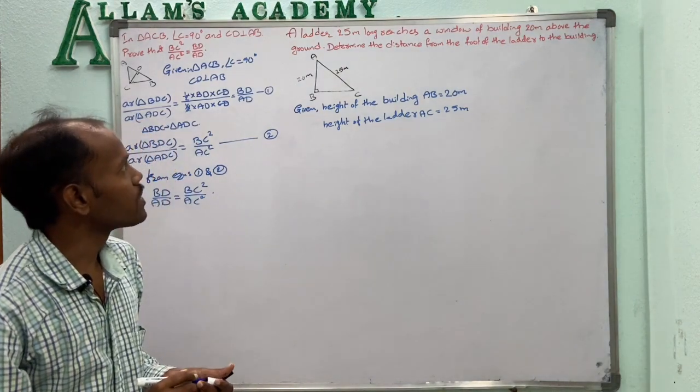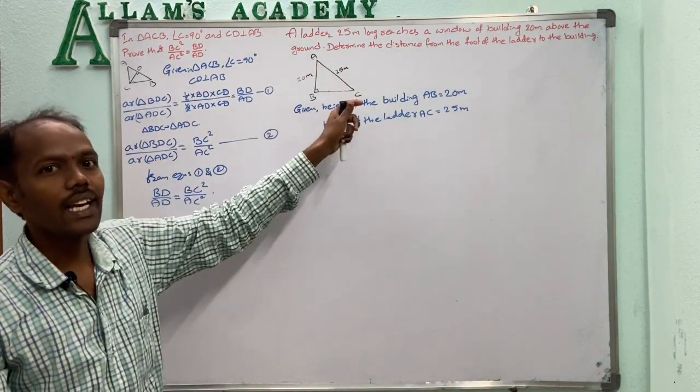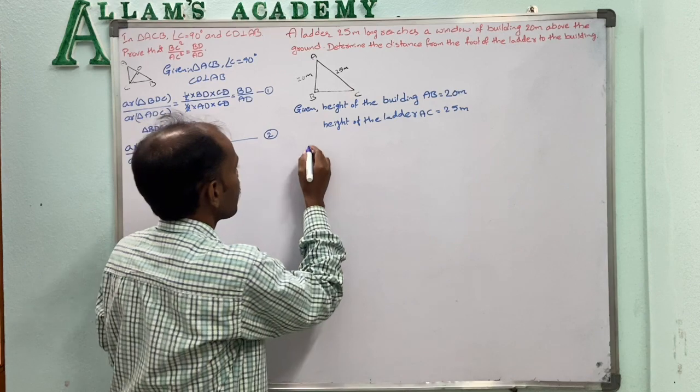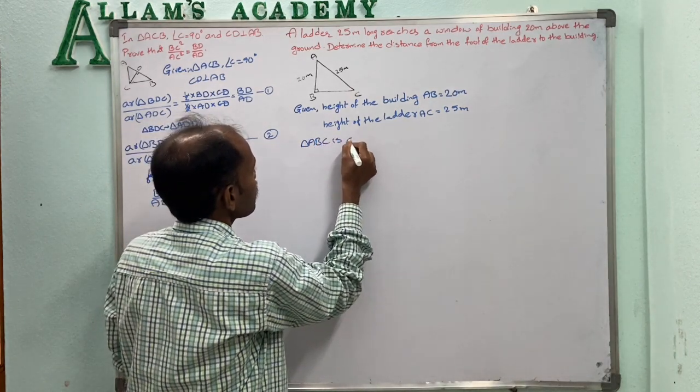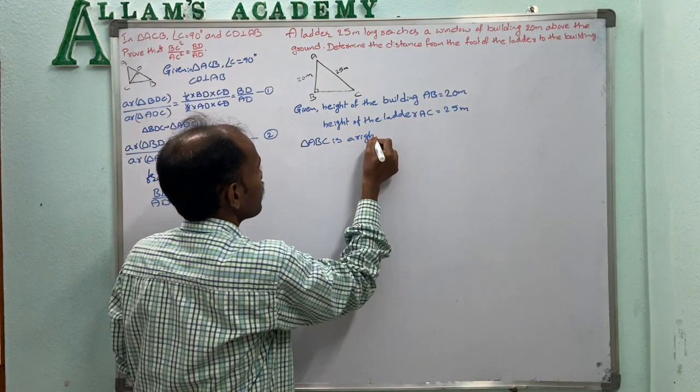Now if we observe, ABC is a right angled triangle.